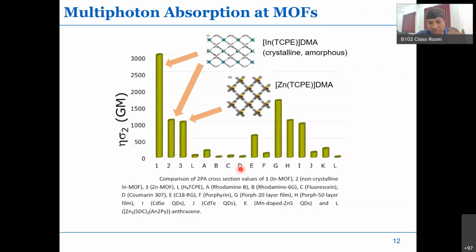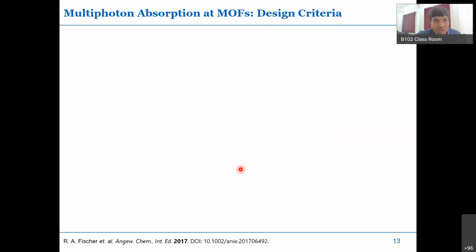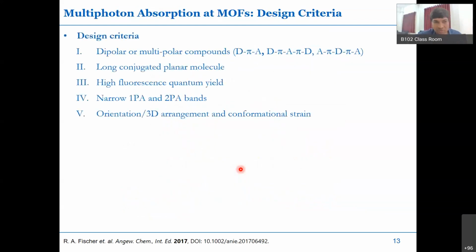For that purpose, we took the basic principles of designing compounds, specifically organic molecules or metal organic systems, which were established over the last 3 to 5 decades. Huge principles are established in the field, but they are mostly useful only in the solution state. But I wanted to bring those basic principles into the designing of these MOFs.